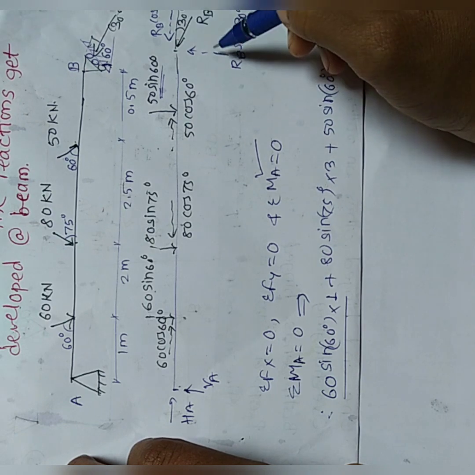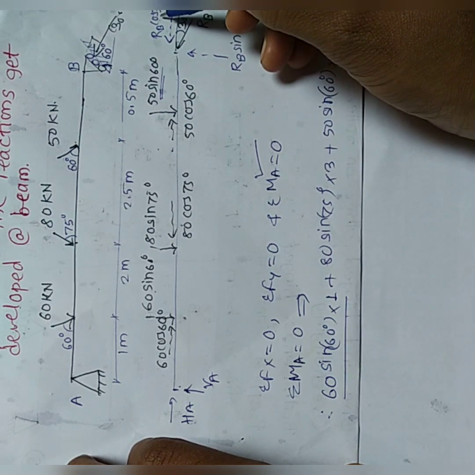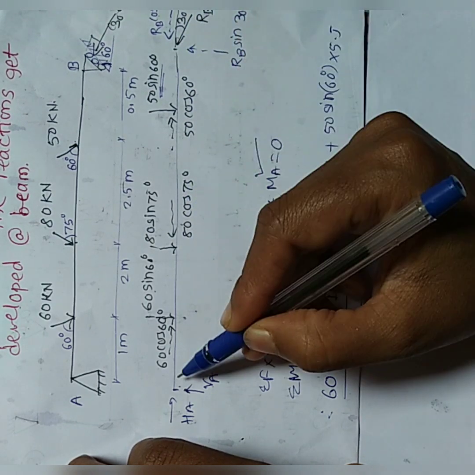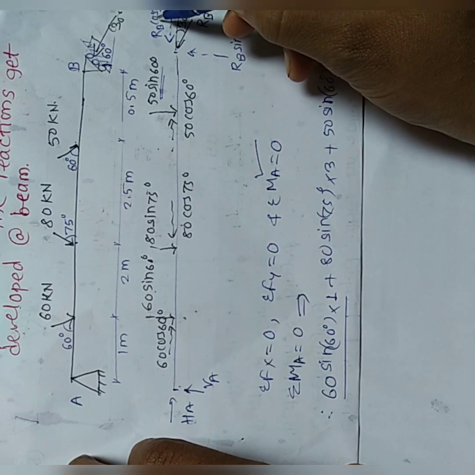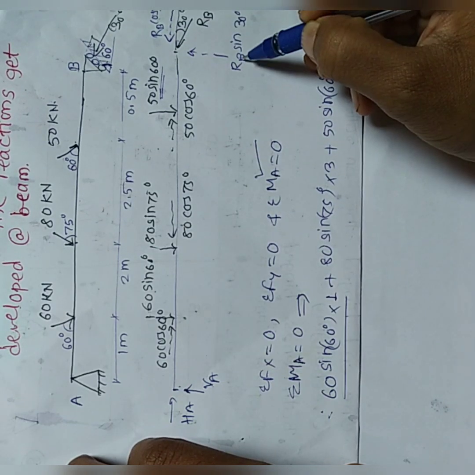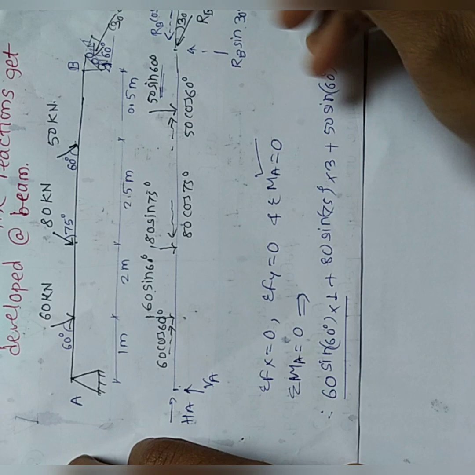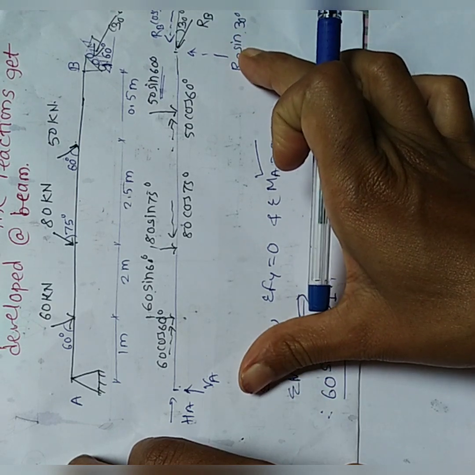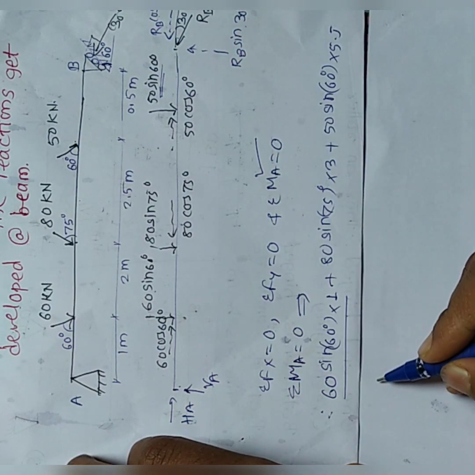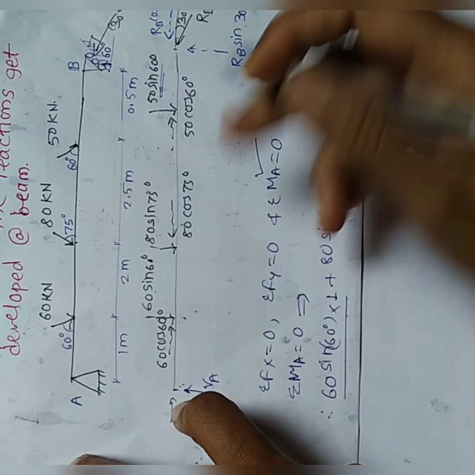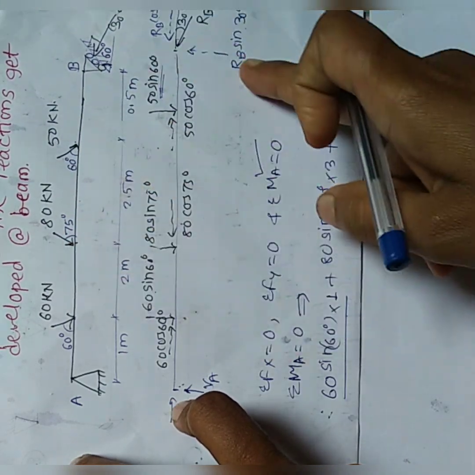Again, since RB cos of 30 passes through the same line of action as that of A, we won't consider this. So RB sine of 30 degree into the total span of the beam will be the perpendicular distance. With respect to point A, how does it rotate? Like this, anti-clockwise.